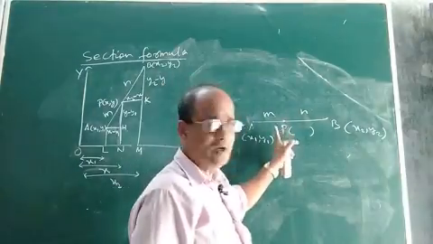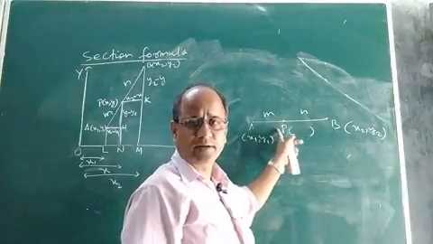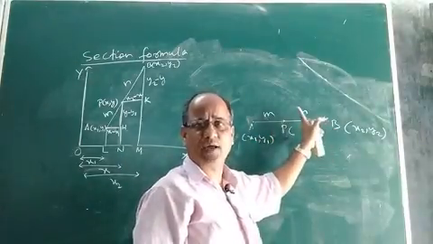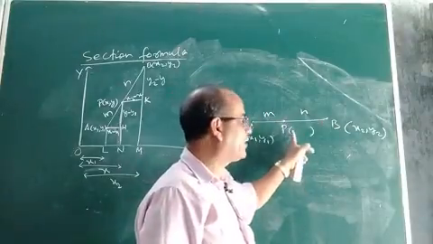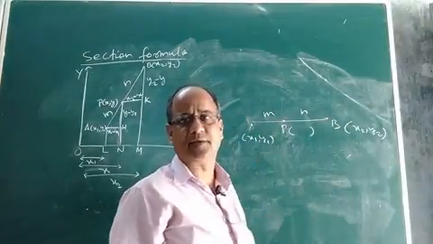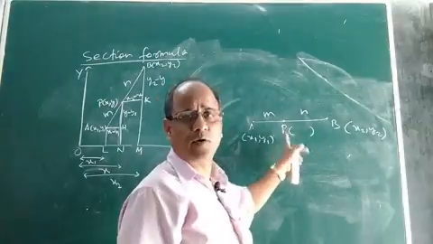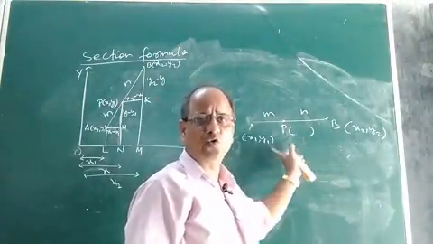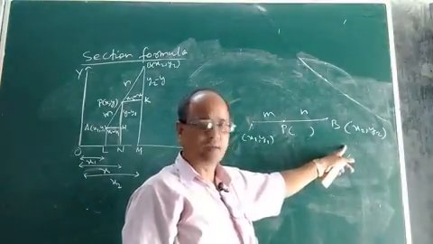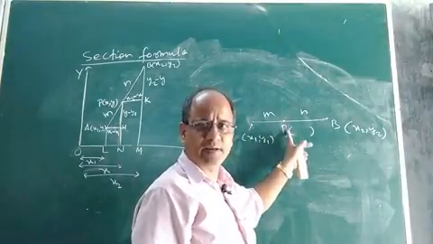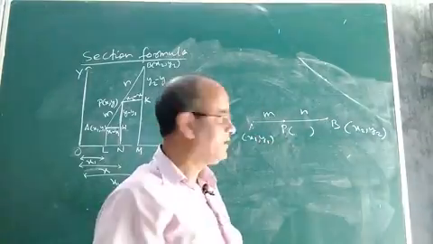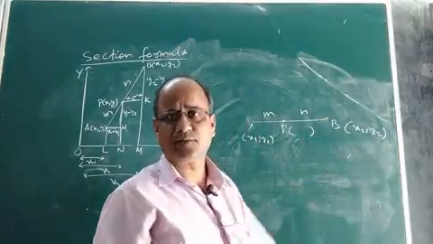So if P is a point dividing the line segment AB in the ratio m is to n, then how to get the coordinates of this point P? That means if a point P divides a line segment whose coordinates are given, in a given ratio m is to n, then what will be the coordinates of P?